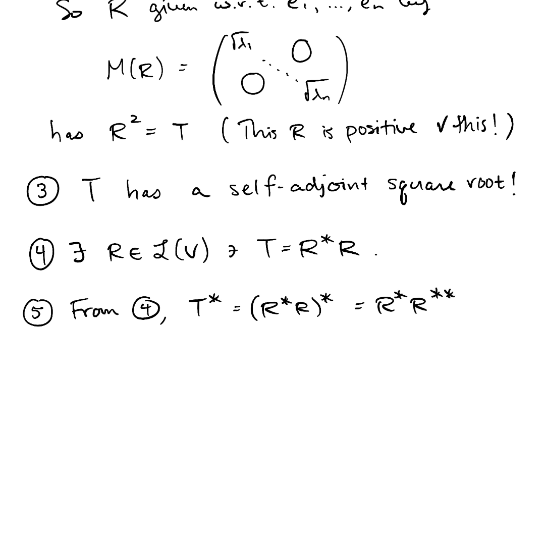But R star star is R, so that's R star R, but R star R is T. Okay, cool. So any operator that can be written in this way is self-adjoint. We just argued that.